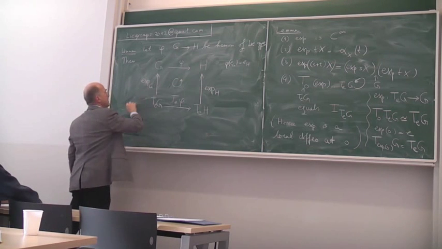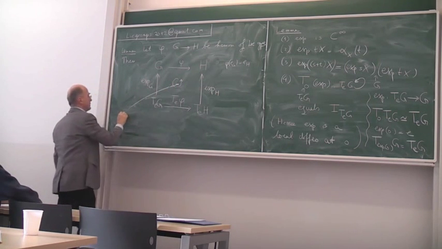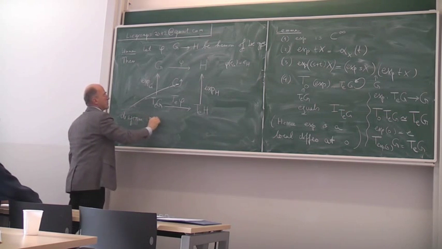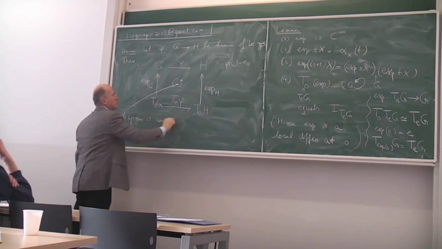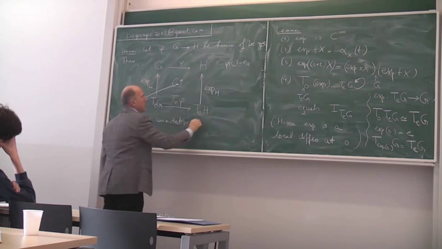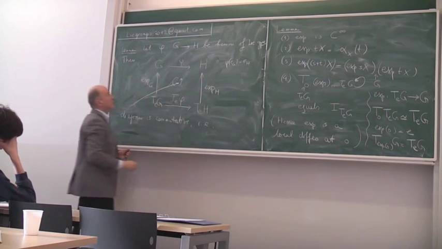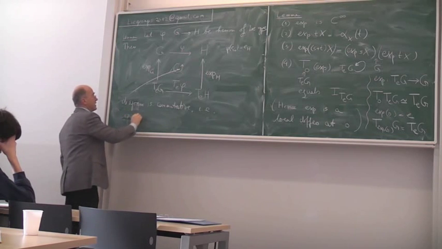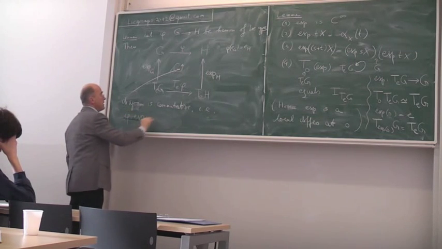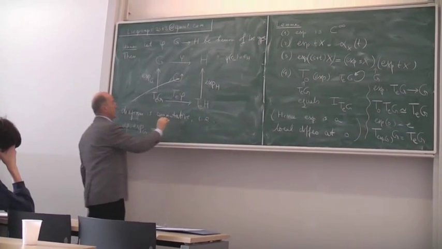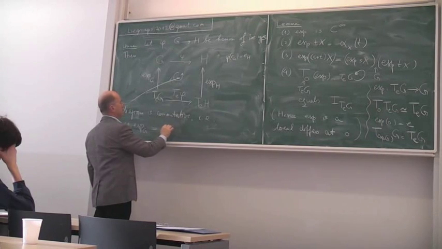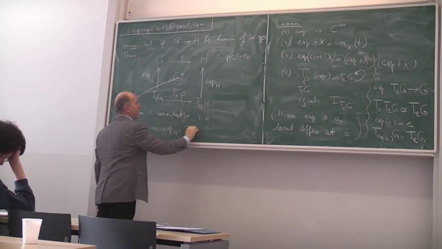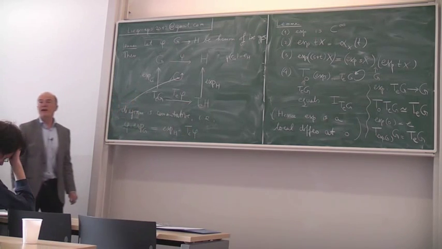So this means the diagram is commutative, and which in turn means precisely that the composition of phi and the exponential of G is equal to first applying the tangent map of phi and then applying the exponential map of H.